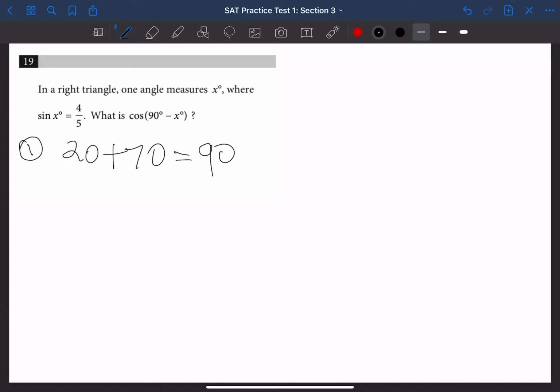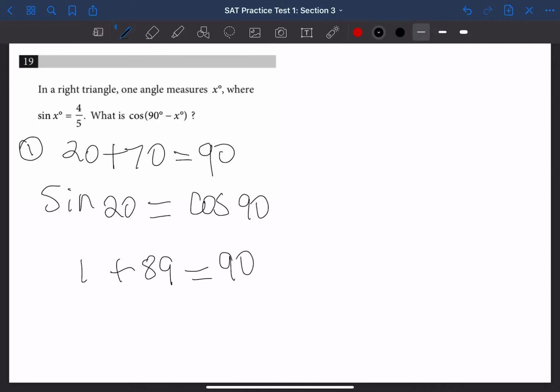According to this property, sine of 20 degrees should be equal to cosine of 70 degrees. Any two complementary angles, like 1 plus 89 equals 90 degrees, we should be able to conclude that sine of 1 should be equal to cosine of 89 degrees.